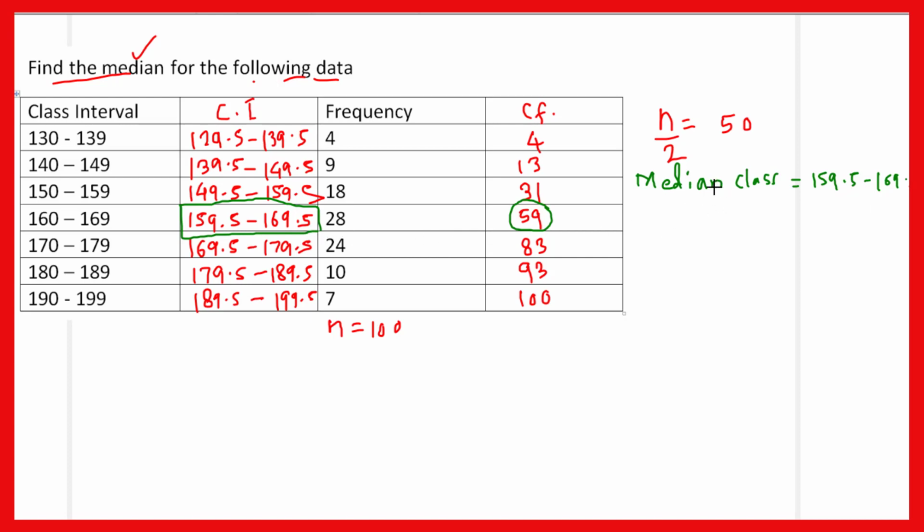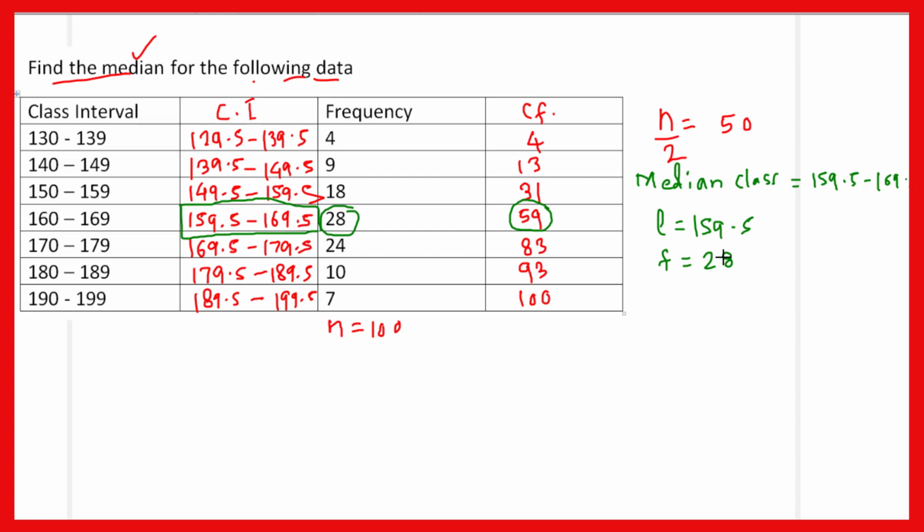Then after getting the median class, we take the lower limit and it is denoted as L. So lower limit will be 159.5. Then we find the frequency which is corresponding to this median class, which is 28. So we take this frequency, so F is equal to 28.